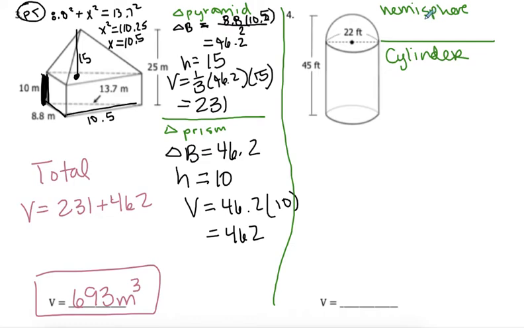All right, so I might need more room there, but the nice thing about a hemisphere or a sphere in general, like we just practiced, is we only need a radius, 4/3 pi radius cubed. All right, so diameter was given, but I can divide that by 2 to get 11.